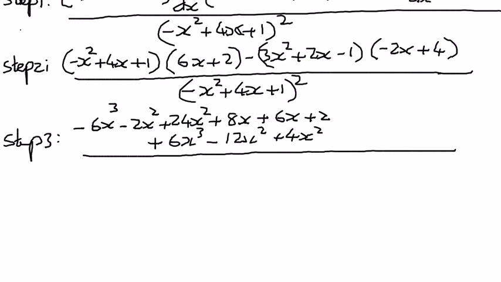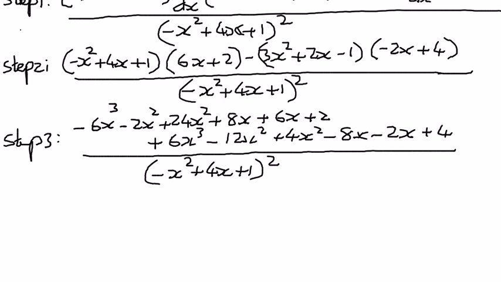Then negative 2x times positive 4 is going to be equal to negative 8x. Then we have positive 1 times negative 2x is negative 2x, and then positive 1 times 4 is equal to positive 4, and this whole thing is divided by negative x squared plus 4x plus 1. This whole thing is raised to the power of 2.